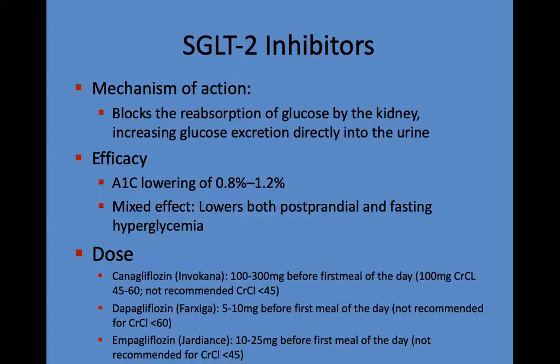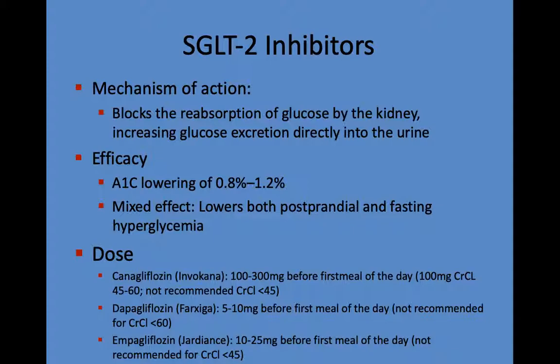Well, these medications actually allow, depending on the blood sugar, sugar to spill into the urine, and then it's not reabsorbed further down in the tubules. So the patient is going to have sugar in their urine, but the amount being excreted depends on the blood sugar of the patient.